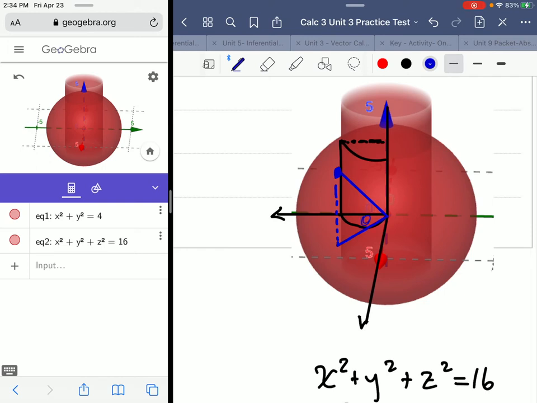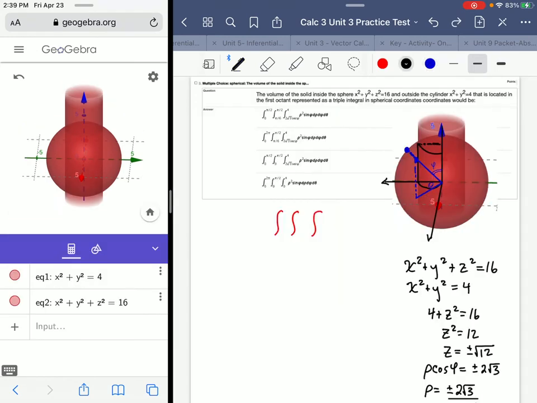It's going to have some sort of angular movement in space from the z-axis that we call phi. We want to be thinking about what the most either of those values can be, and also the most that we can have in terms of a rho value. Well, the most that we could have is the extent of the sphere, which has a radius of 4.